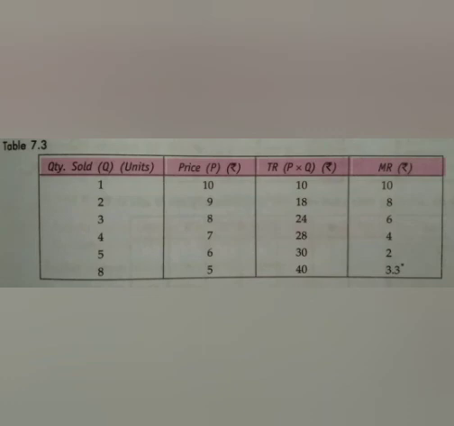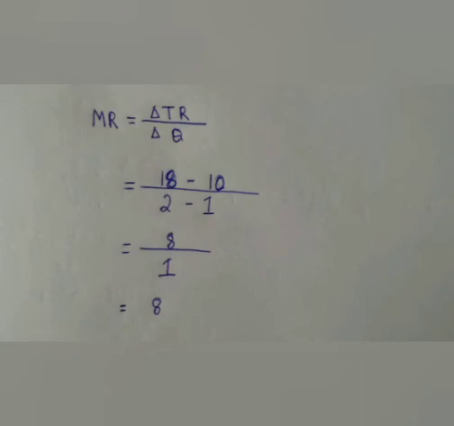Why 8? Because here there is a change in total revenue as well as a change in quantity. Let us understand by calculating the value of marginal revenue. As given in the formula, marginal revenue is equal to the change in total revenue by the change in quantity.